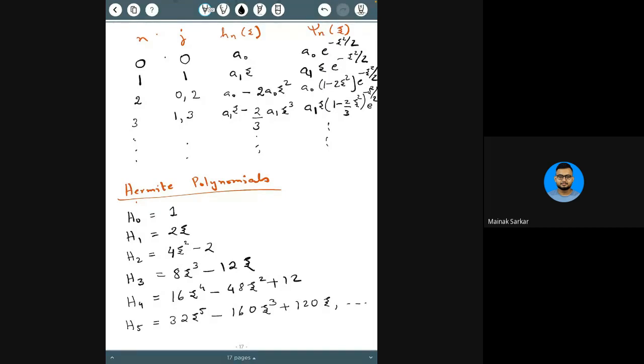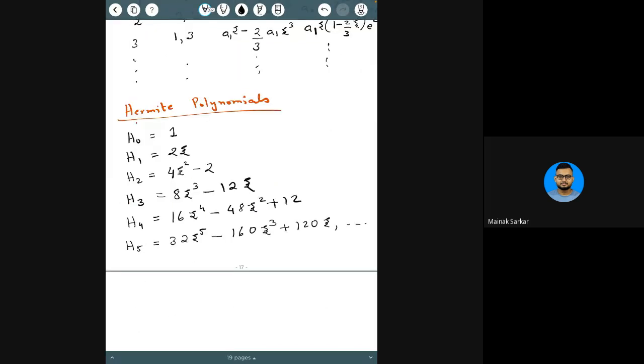So why do their polynomials look a little bit different than ours? They had adopted the convention, the mathematical convention, that the coefficient of the highest power of xi is 2 to the power n.